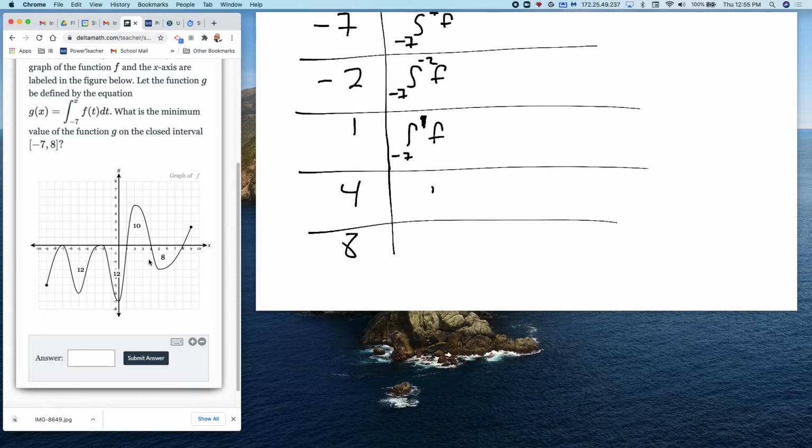This one is the integral from -7 to 4 of f. And this last one is the integral from -7 to 8 of f.